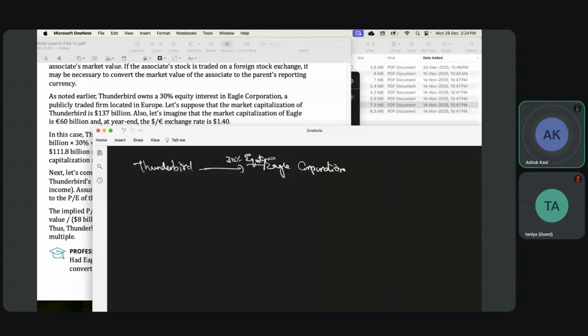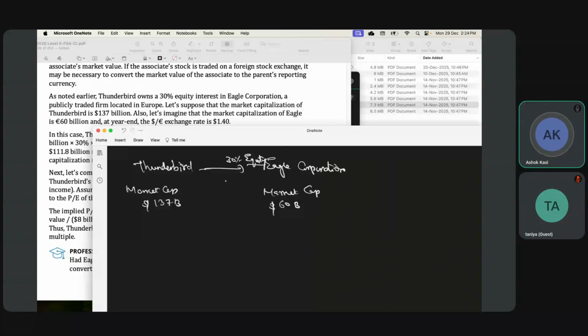30% equity. Market capitalization of Thunderbird is $137 billion, and Eagle market capitalization is $60 billion at year end.